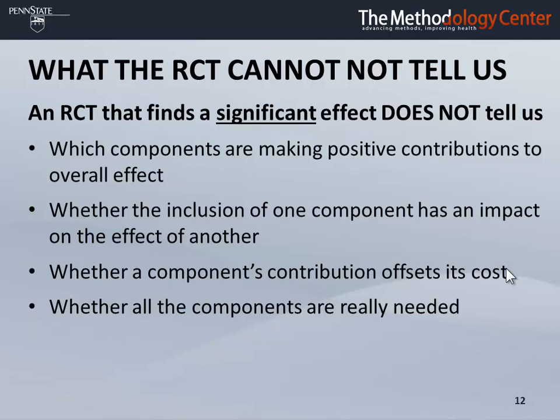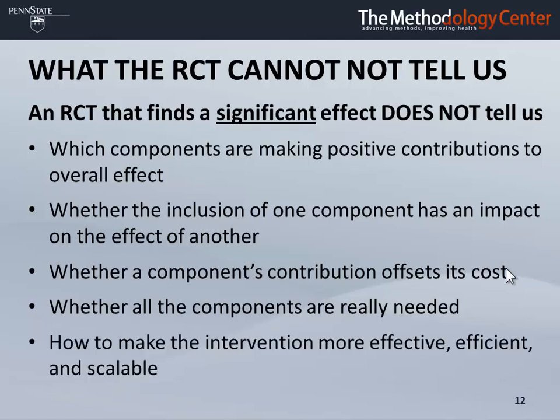Isn't it a shame to think of time and energy, both on the part of the participants and the part of the people administering an intervention, all that time and energy and money wasted on components that might not really be needed? And in general, you don't know how to make the intervention more effective, efficient, or scalable. And that's another question we don't ask that often. Once we have a significant RCT, it's like, okay, we have an intervention that works, we're not going to mess with it, instead of thinking more in terms of improving interventions in an incremental fashion over time.